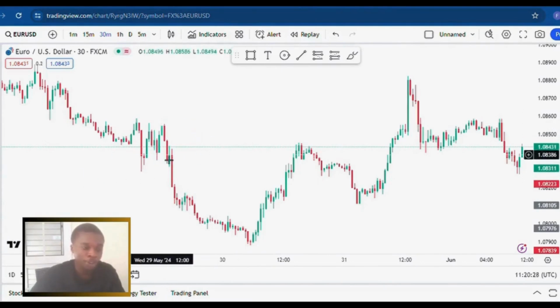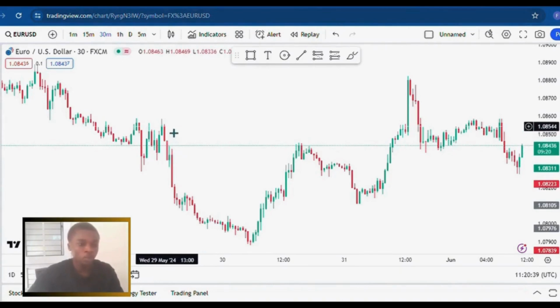Each one is 30 minutes, the next one 30 minutes, this little green one 30 minutes, altogether is 90 minutes. That means you have to wait 90 minutes for these three candlesticks to form, this green, red, red, as you're seeing right here.